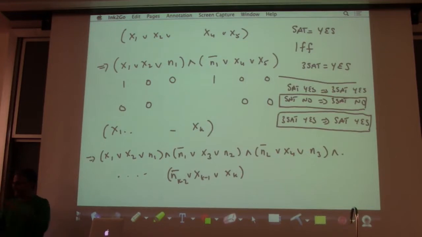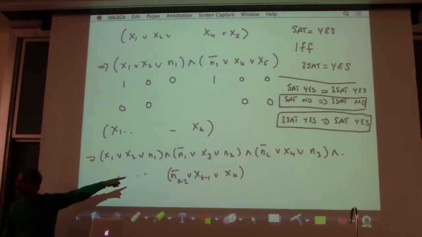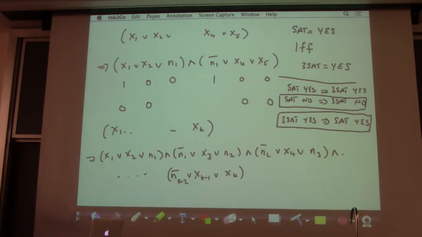An instance of 3SAT is a sequence of clauses. I've taken one clause and made it into a sequence of clauses, k minus 2 or so. So my number of clauses just got a lot longer, but it's still one instance. I did this trick for every single clause.